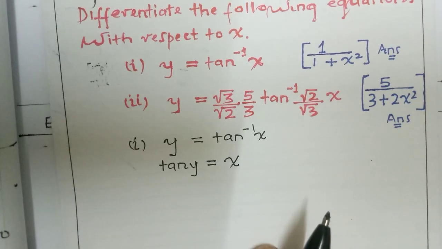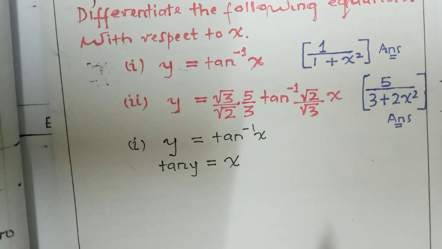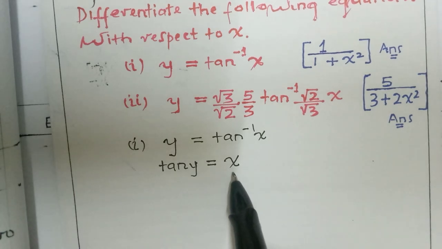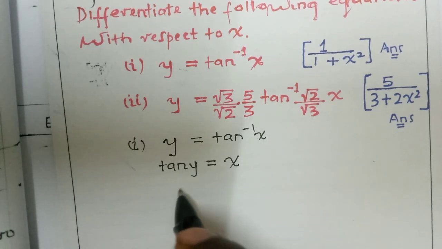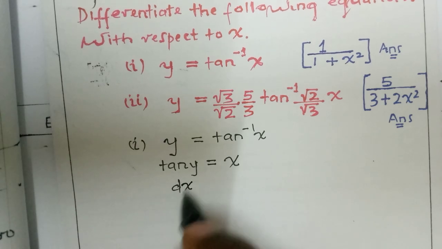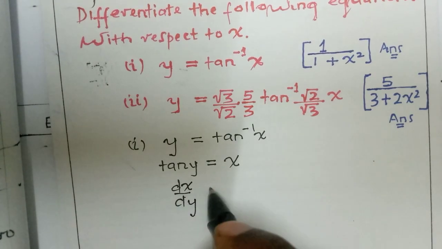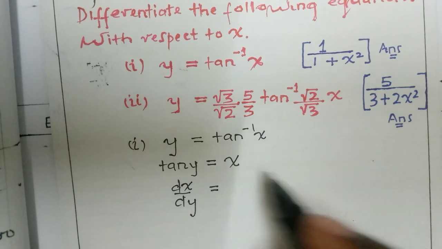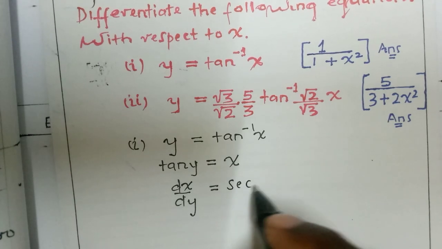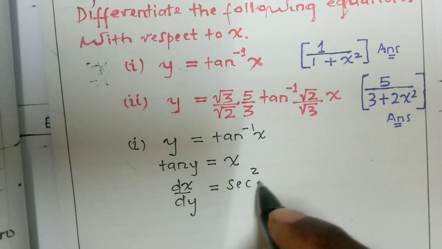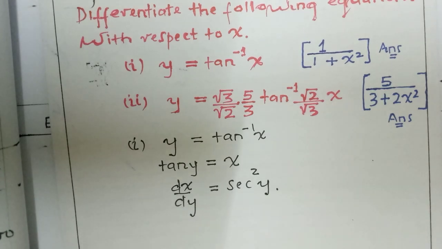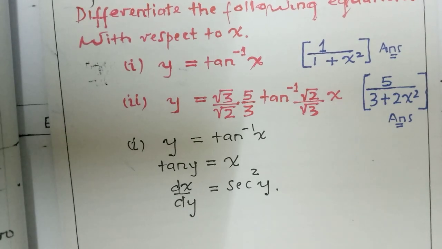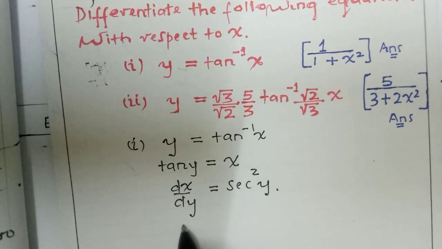Now we come and differentiate with respect to y. We differentiate x, that will be dx over dy, and this is going to be equal to sec squared y, like that. So that now our dy dx will be equal to dy over dx.